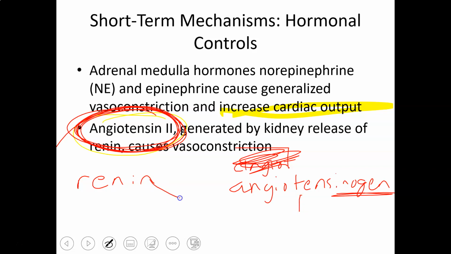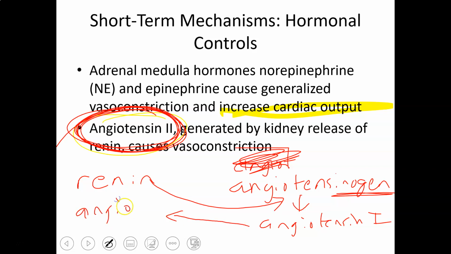When the kidneys release renin there, it turns angiotensinogen into angiotensin 1. Who cares? No one cares. Angiotensin 1 gets converted into angiotensin 2. Now we care. Now the enzyme that does this is called ACE.